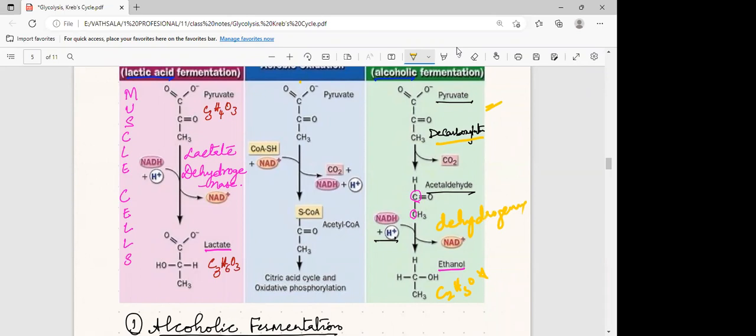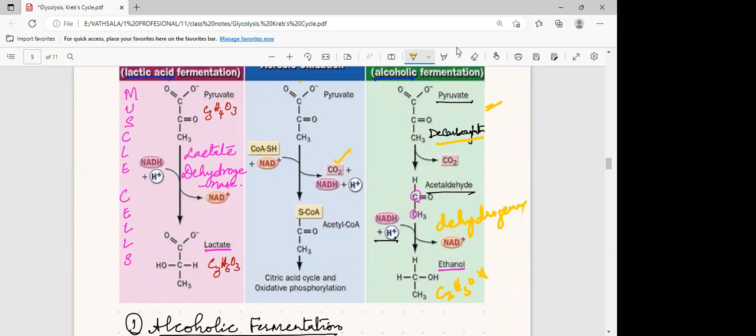C3H4O3, correct? What is happening? Only CH3 remains here. Whatever H is removed is utilized here and CO2 is also given out.